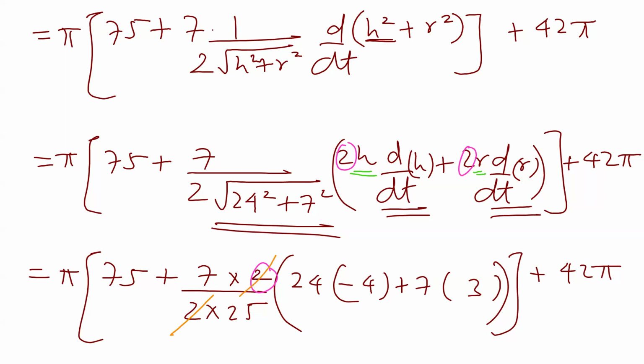So this 2 and this 2 will get cancelled. And this will be minus 96 plus 21. Please go through these recordings again and again so that you are comfortable with the entire exercise. Calculations for this problem are a bit different and difficult. So minus 96 plus 21, that's minus 75.